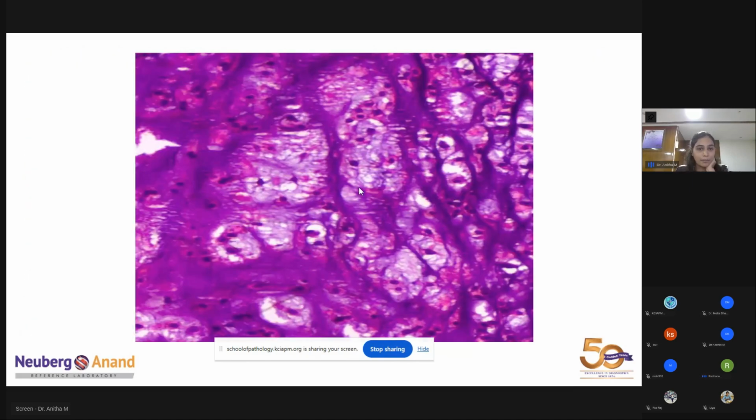Yes, all are bubbly physaliferous cells. And what is the differential diagnosis at this stage in the nasopharynx? Because I don't think it's a very common site for this tumor. My differential diagnosis is low-grade chondrosarcoma. Okay. Other than that, nasopharyngeal carcinoma. Okay.